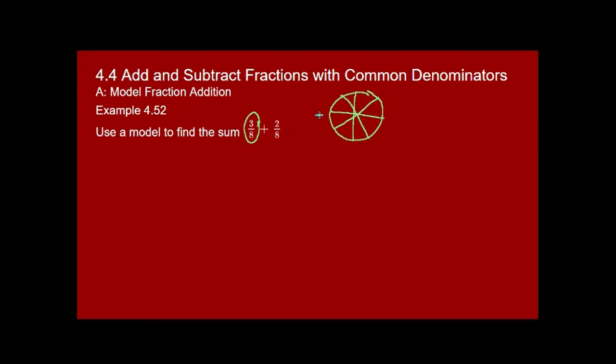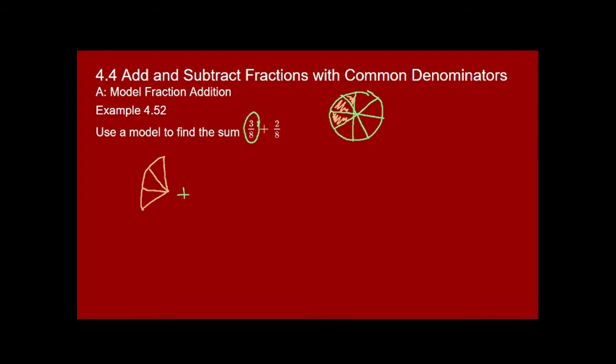Okay, so 3/8. So we're going to take, let's see, I'm going to use orange for 3/8. If we do 1, 2, 3 for our 3/8, so I'm going to try to draw that. Okay, so here's our 3/8, and then we are going to add 2/8.